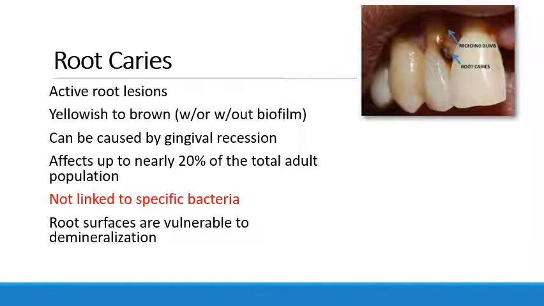But studies have shown that if a person has high levels of strep mutans and lactobacillus, they're prone to root caries. So not one or the other, but if a patient exhibits both strep mutans and lactobacillus, they can exhibit root caries.